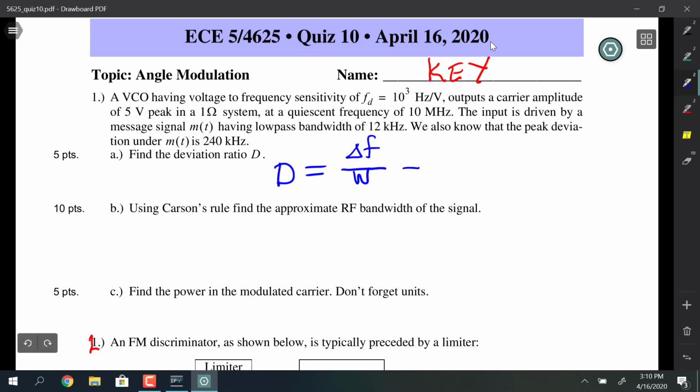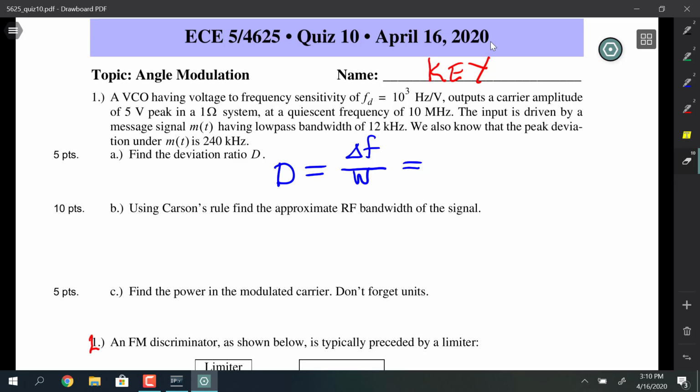So delta F in this case is going to be f_d times, well, we're already given the peak deviation, so we don't really need to use f_d in this case. We're just given that the peak deviation is 240 kilohertz. So let's just maybe talk about that for a second.